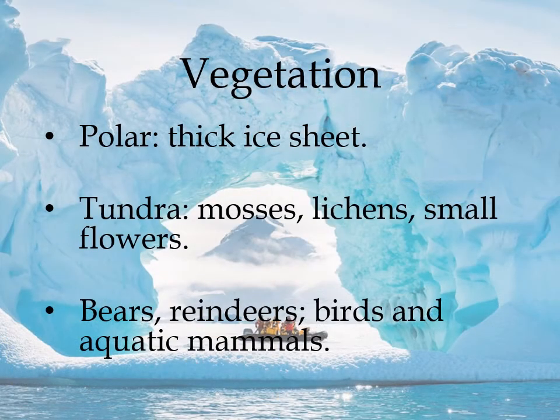So we can distinguish the tundra, which is this area covered with some vegetation, and not at the very north, nor at the very south, that can have bears, reindeers, birds, and aquatic mammals. And then at the very north or very south, we have the true poles covered in a thick ice sheet, which has no life at all.